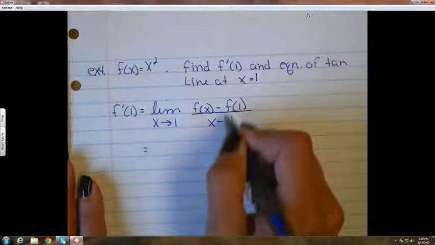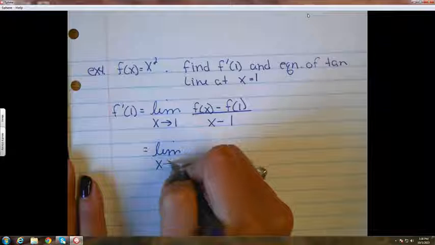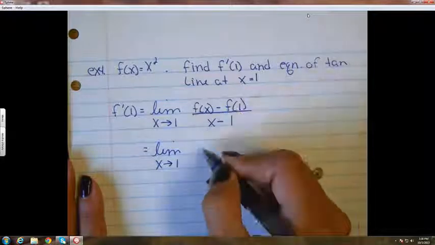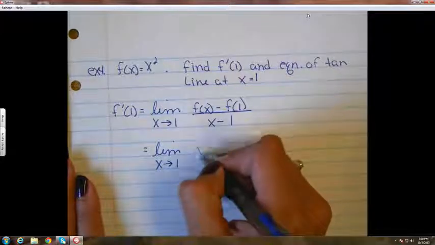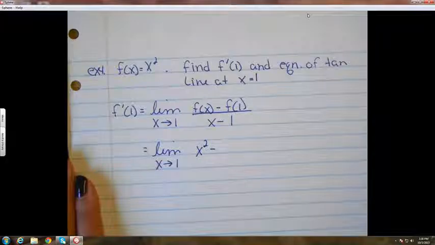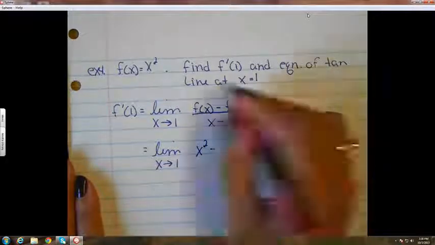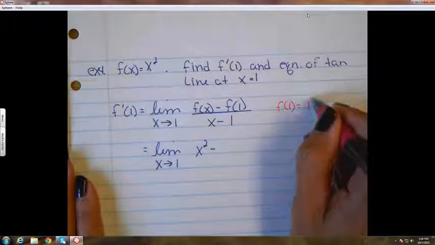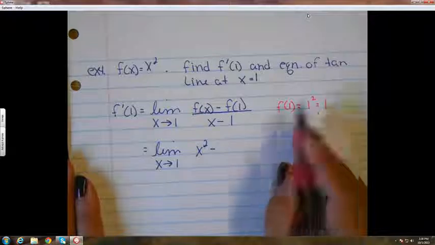If you write that down a few times, you won't forget it for the quiz. Not that you have to start there. You could start with this line. So I'll start with my equation, which is only x squared minus f of 1. F of 1 means plug it into the equation. Just happens to be the 1 again. But don't forget to plug it in.